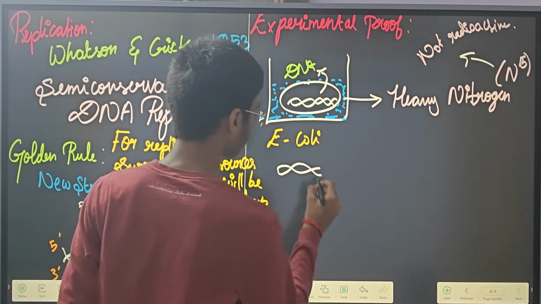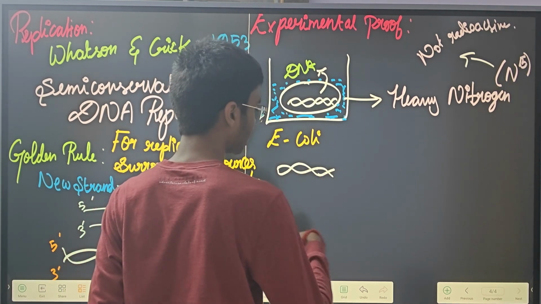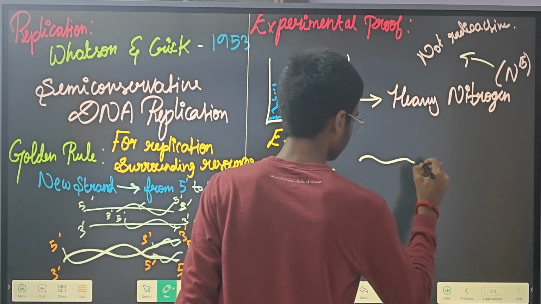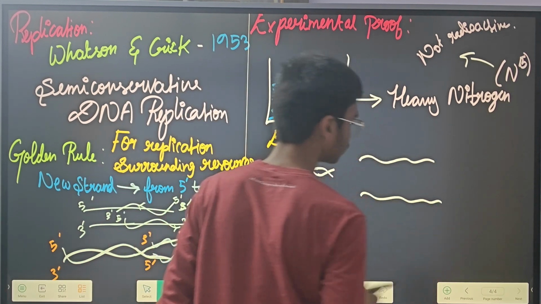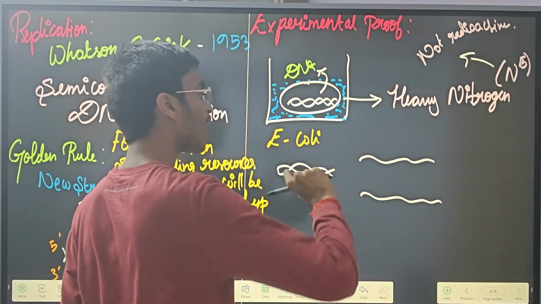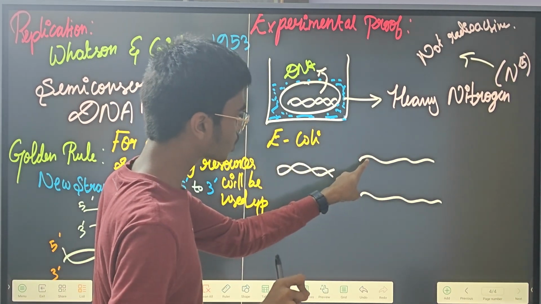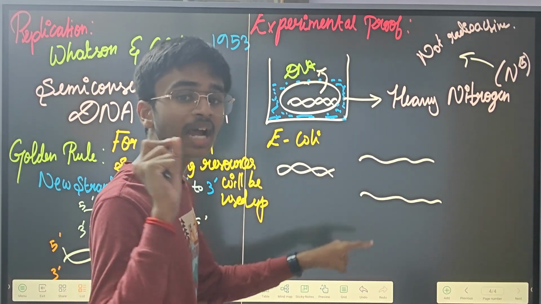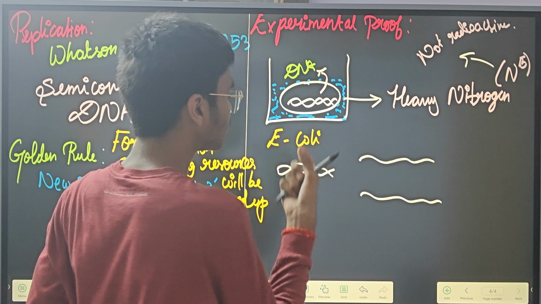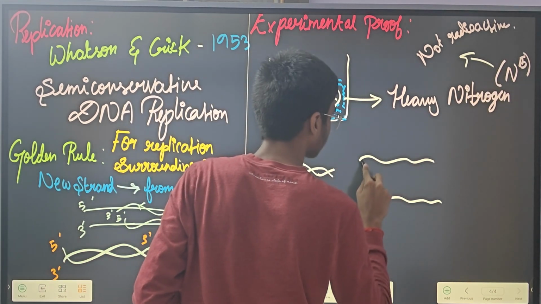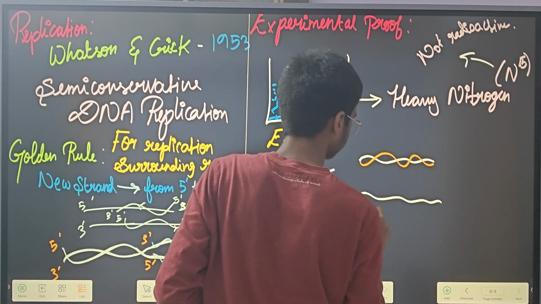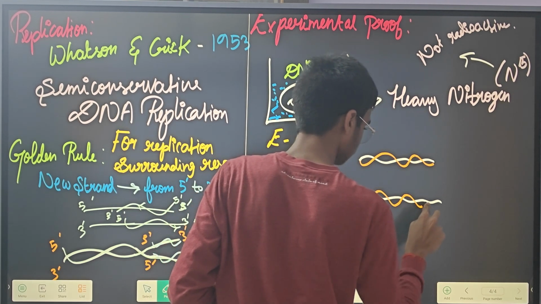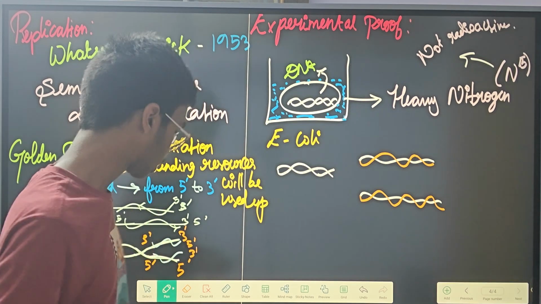So this one DNA molecule will be split into two different strands, and this strand will develop its own strand, and this strand will also develop its own strand, where these new strands will have that special DNA, the DNA which has nitrogen 15 in it. So this is how it is going to be.